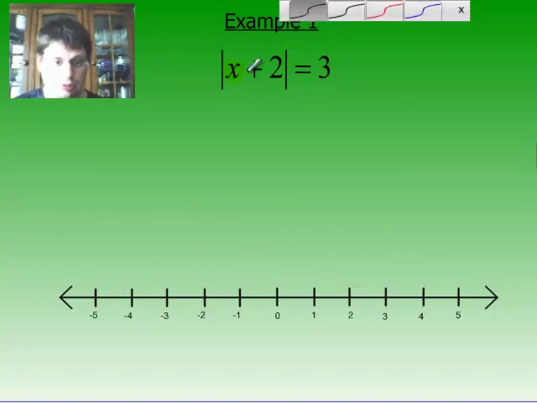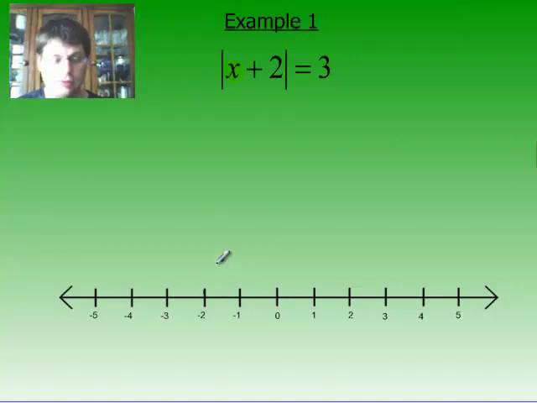Now the plus 2 simply indicates to us that we'll be starting here at negative 2. So it's kind of like, it's working backwards like we did with the horizontal shifting in our parent functions. And so we would be starting here, and then we're moving a distance of 3 in either direction.